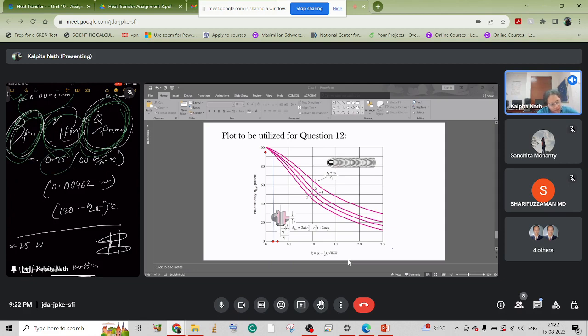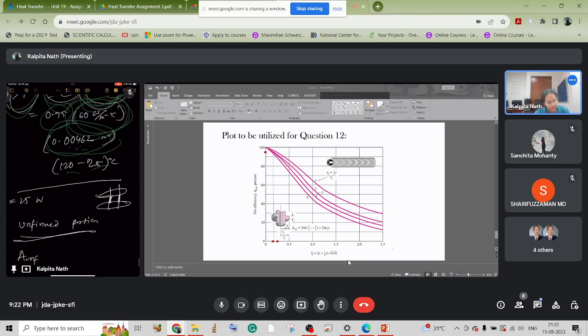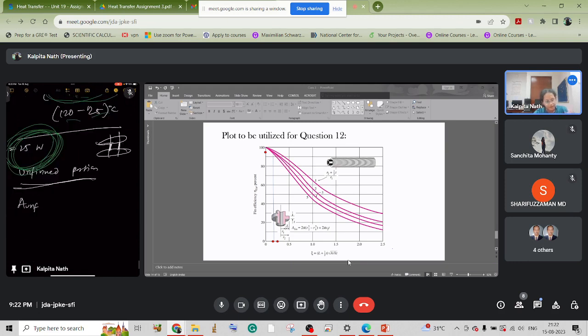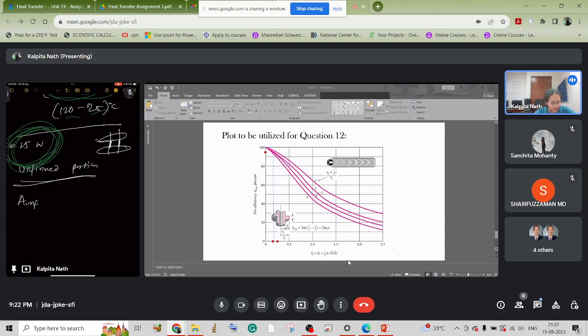Efficiency is 0.95, and the maximum is 120 minus 25 times h. Sorry, h is 60, and the area is 0.00462. From that we found the heat transfer is 25 watt for the fin.